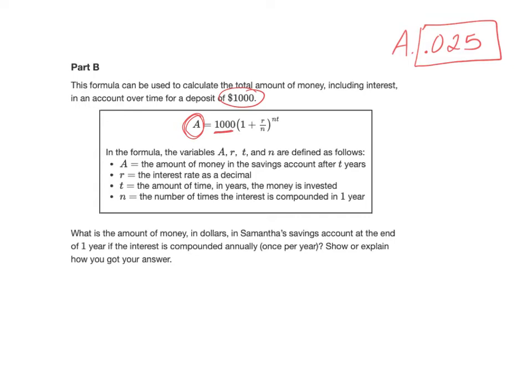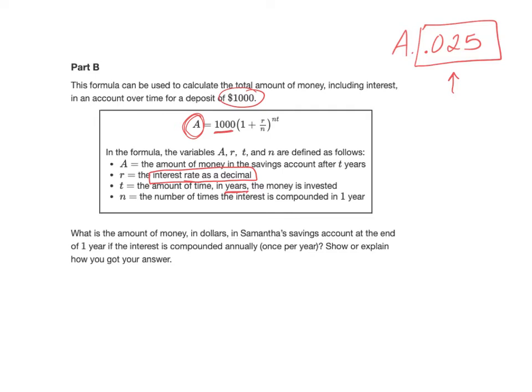R represents the rate, the interest rate as a decimal. And of course, we calculated that in part A to be 0.025. T is the amount of time in years the money is invested. And part A told us that there was only one investment of $1,000 and no other investments were made in that time frame.